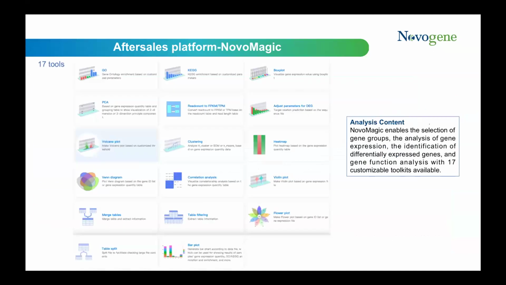So the analysis content from our Novogene's: you can see that it enables the selection of gene groups as an analysis of gene expression, and we have 17 tools to support your analysis. And you can use these 17 tools to do your customized analysis.